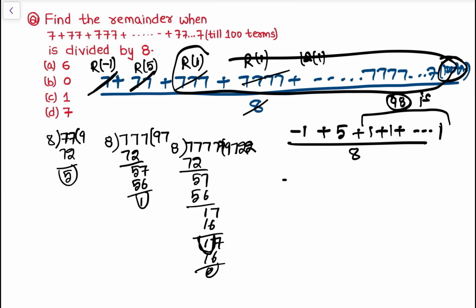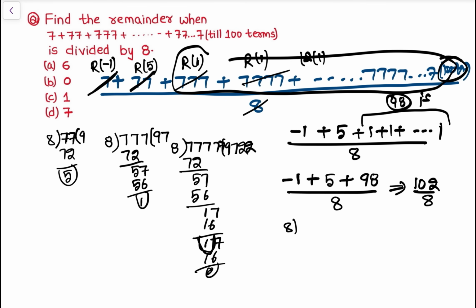That means -1 plus 5 plus 98 upon 8. Okay, so 5 minus 1 is 4, 4 plus 98 is 102 upon 8.